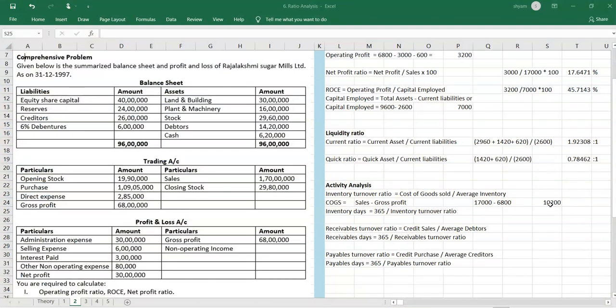Thereafter we have found out COGS. Inventory is quite easy to find out, that won't be a problem. Inventory is here, so it is 2960.